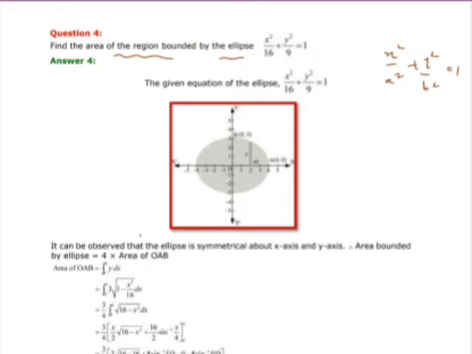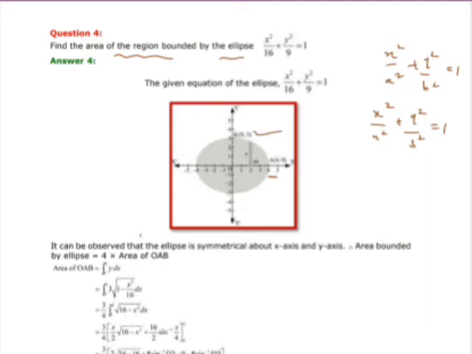So here we have x square by 4 square plus y square by 3 square equals 1, right? The value of a is 4 and the value of b is 3. So the point for a is 4 comma 0, and the point for b is 0 comma 3.